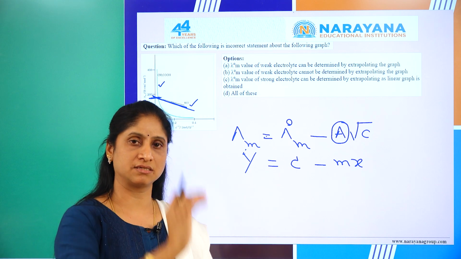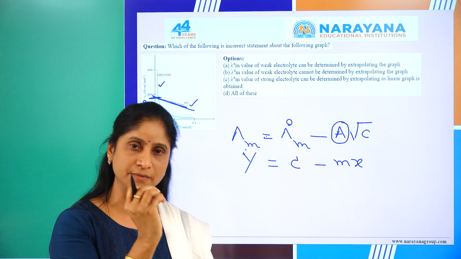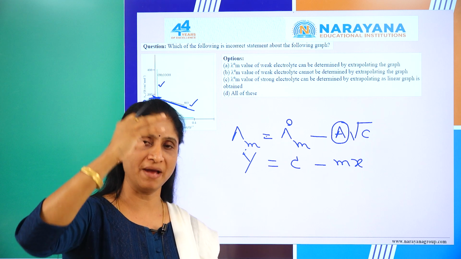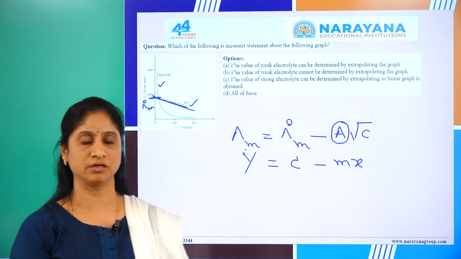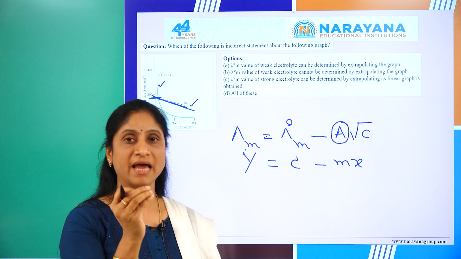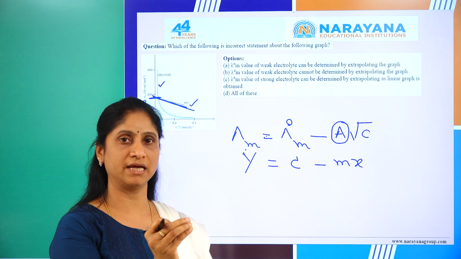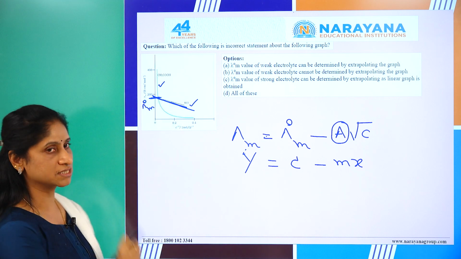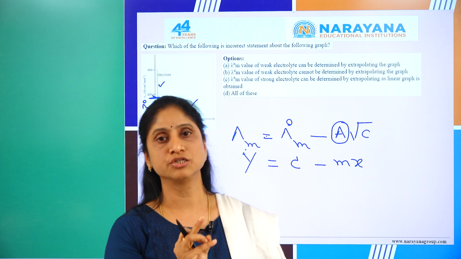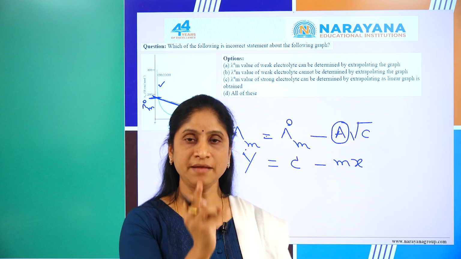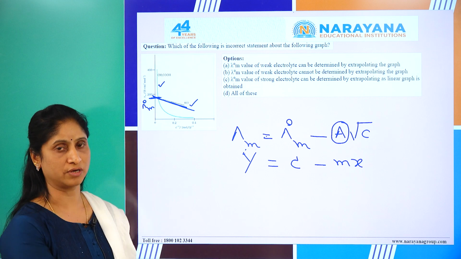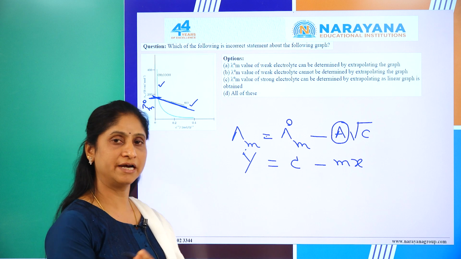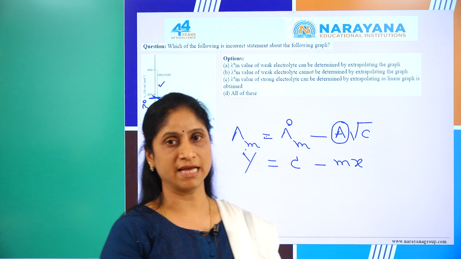For a strong electrolyte, if I keep increasing the dilution at a particular temperature, its conductance keeps increasing. So what is the maximum conductance an electrolyte can show at infinite dilution? I can predict it by plotting molar conductance versus square root of concentration for strong electrolytes, but not for weak electrolytes, because this equation is not valid for them.